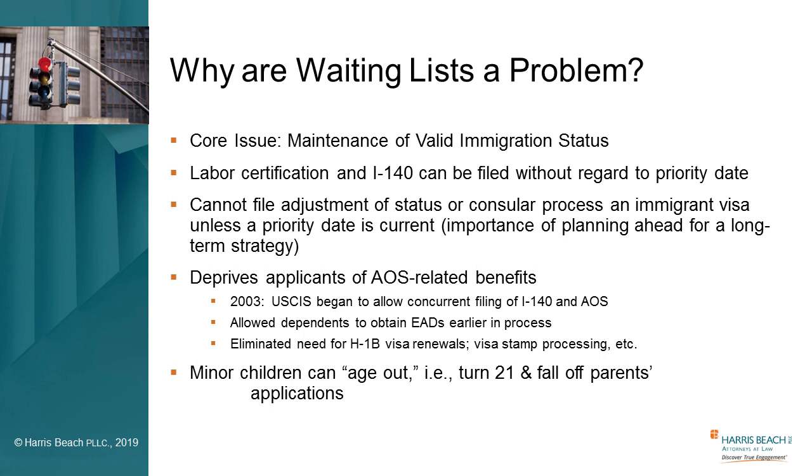H-4s generally can't work, but if they're going through the green card process and they can file their adjustment of status, well, then that spouse can potentially get employment authorization through that. But if they can't file their adjustment of status and have to wait 10 years for their date to become current, they can't even get that work authorization. So there are certain benefits that people are deprived of because of these waiting periods.